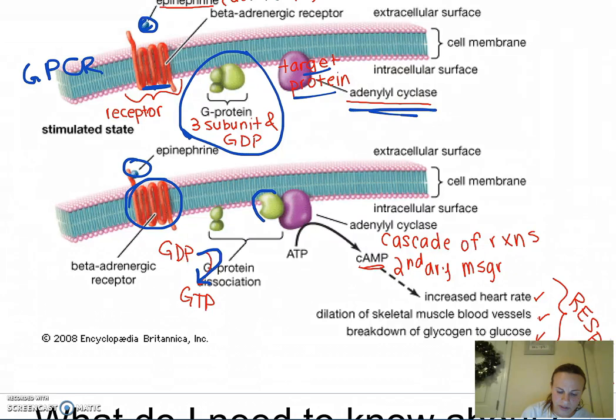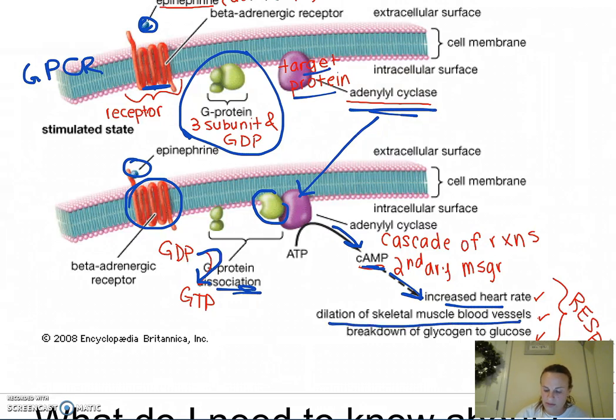My alpha subunit dissociates from the G protein, activating my adenylyl cyclase, my target protein, thus setting off this cascade of reactions, which can lead to a variety of responses. Leads to increased heart rate, dilation of skeletal muscle blood vessels, and an enzyme that's going to break down glycogen to glucose. So this one ligand, epinephrine, can give us a multitude of different responses.